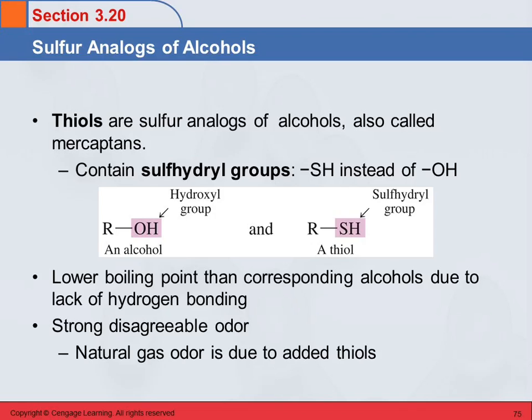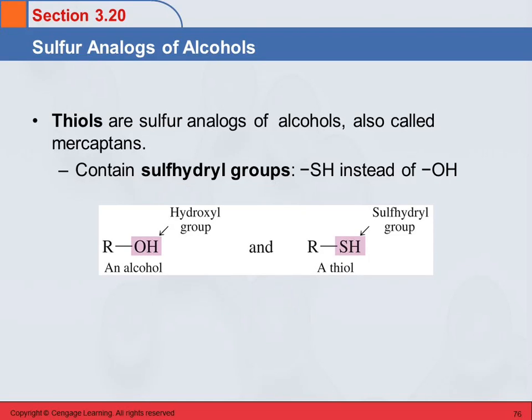And so they add thiol compounds to natural gas to make it smell, so that when there's a gas leak, your nose alerts you, hey, something's not right. Okay, and that's probably saved countless lives since they started doing that. They just have to add a little bit of thiols to the methane in order for you to be able to detect it because they're very strong disagreeable odors.